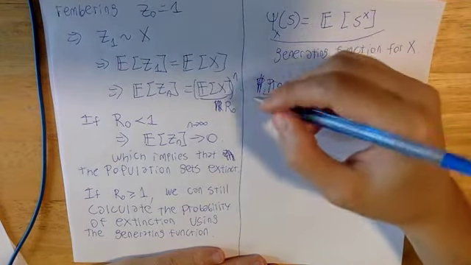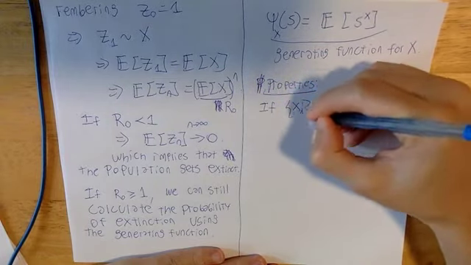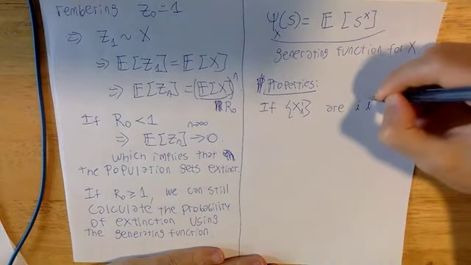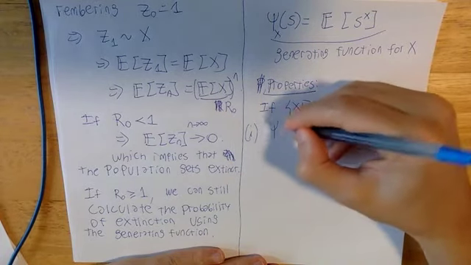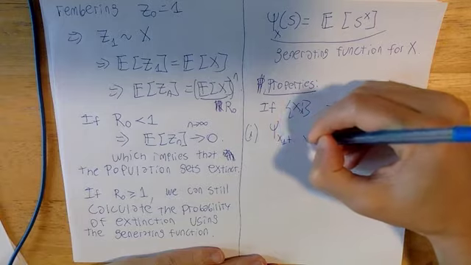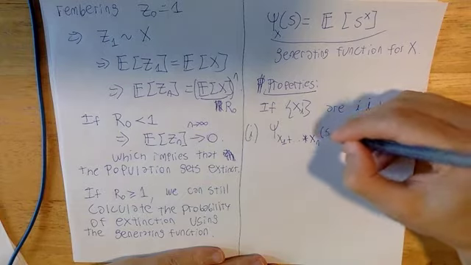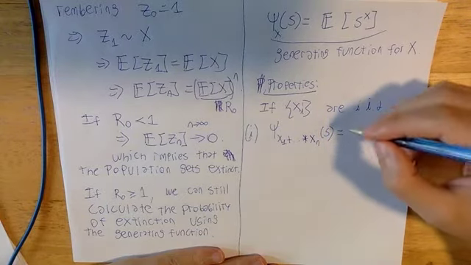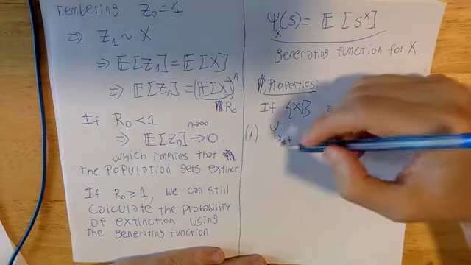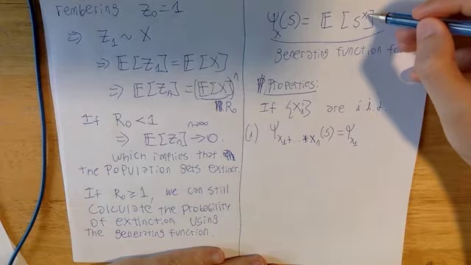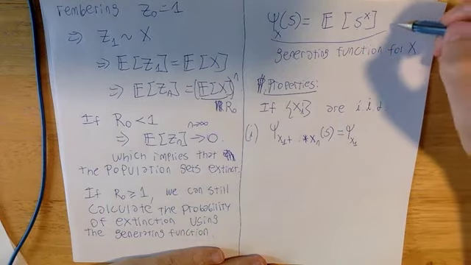One of the properties is that if the X_i are IID, then the generating function of the sum at s is just going to be equal to the product of the generating functions. Morally, when we take an exponential of a sum, this is the product of the exponentials, and using independence, we can separate them all.